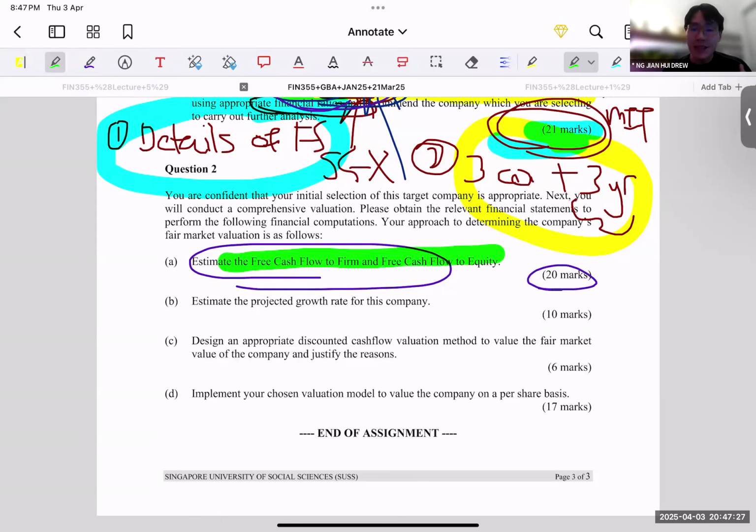In other words, let's say you just did calculations and assume a 17% tax rate, but you do not mention any comments in terms of why 17, why not 18, why not 19, right? If you do not put some qualitative justification, unfortunately, you will lose quite a bit of marks here. Maybe you lose 5 marks here.